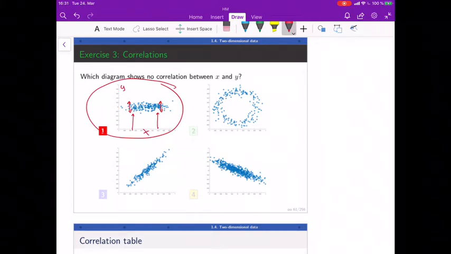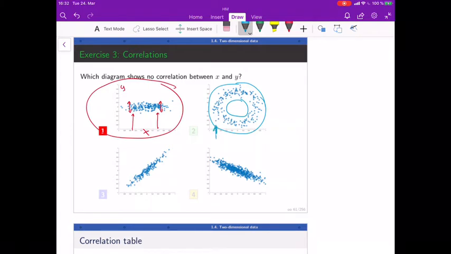The one on number 2 here is interesting because it's round. It looks like a disc or like a donut, and you might have been tempted to say, oh, it's a round thing, so no correlation. But if you think about it, if I tell you x has this value here, a small value, then you know that y, the vertical one, is quite restricted and around the center.